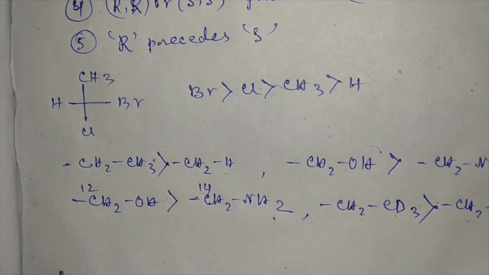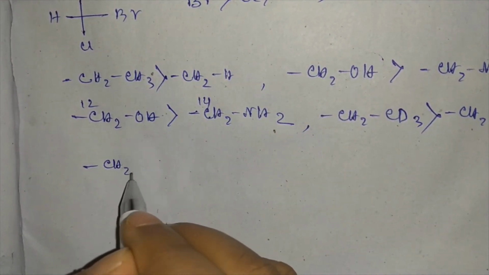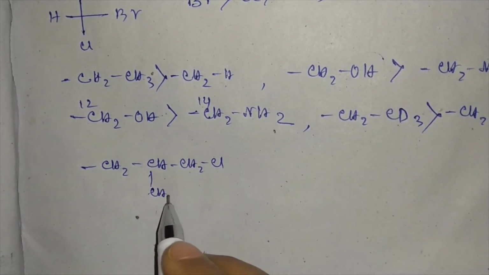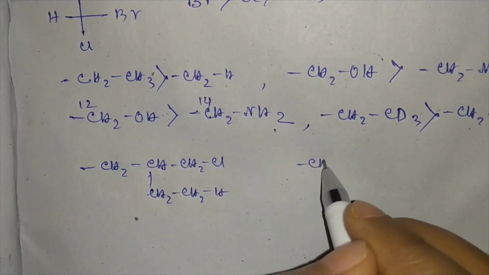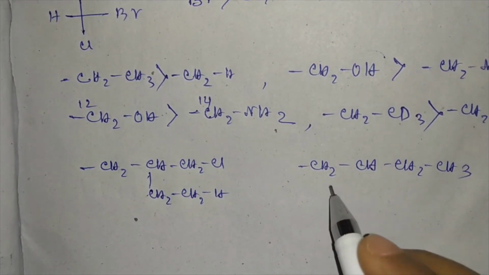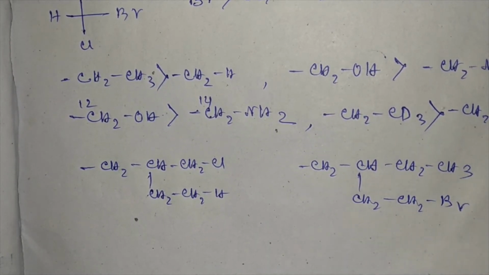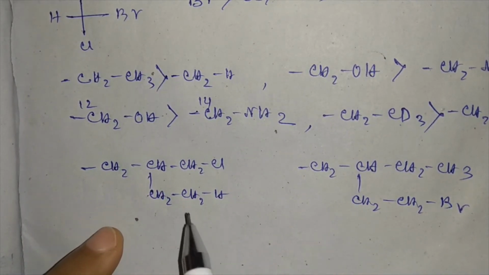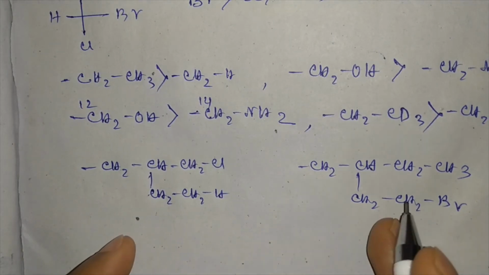Another example, if we take like this, in case of a branched chain, in which chain will we determine the priority sequence between these two groups?